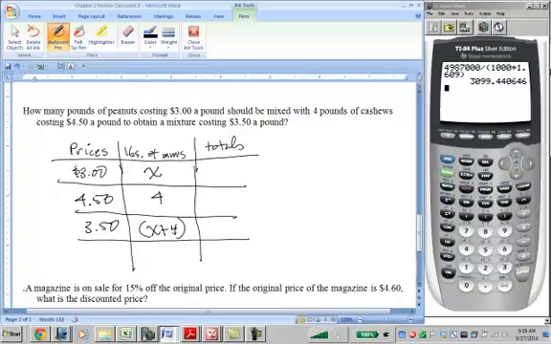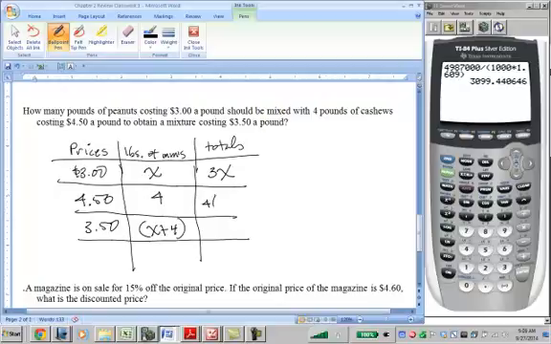Okay, so how much money are we spending on the M&Ms at $3 a pound? Well, we're getting X pounds at $3, so that'll be 3X. We'll write this algebraically. And how much money are we spending on the 4 pounds of cashews that are $4.50 a pound?